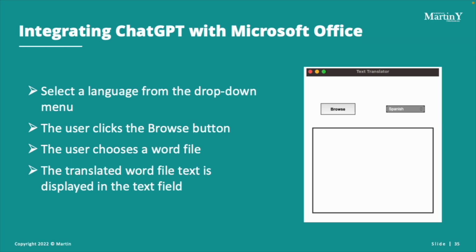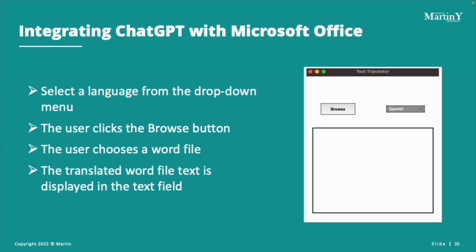So the idea is you're going to have one drop-down menu right here from which you can select a language. Okay, I created a limited set of languages, but you'll be able to write as many languages as you like. Okay, and I'll show you how.